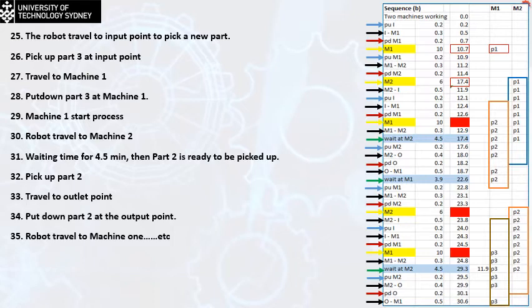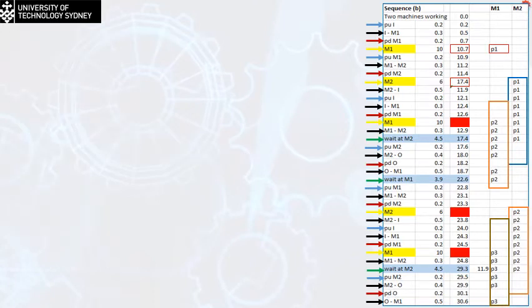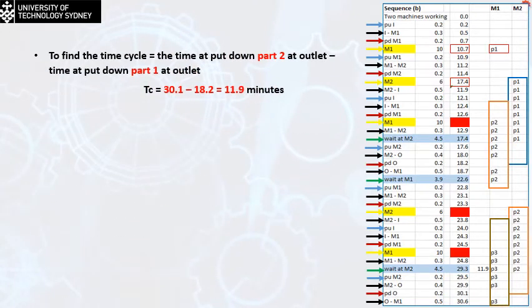If I subtract 30.1 minus 18.2, I'm going to have the time of the cycle work, which is going to be equal to 11.9 minutes. So the cycle time to start producing the part after the first part is going to be 11.9 minutes.